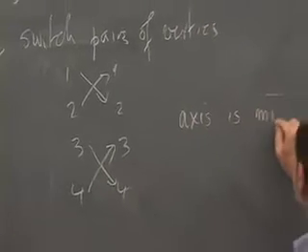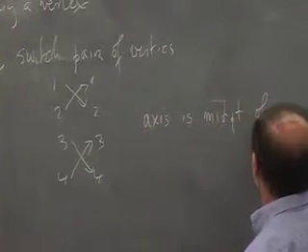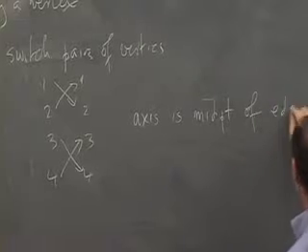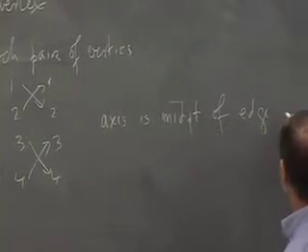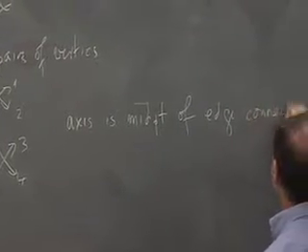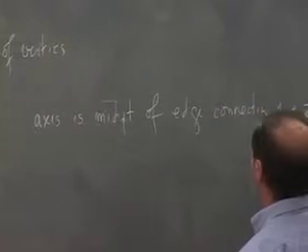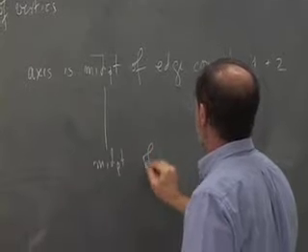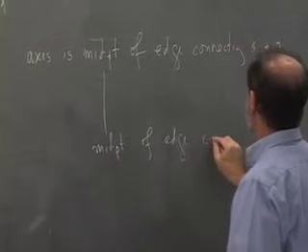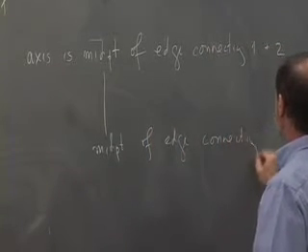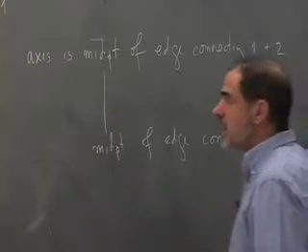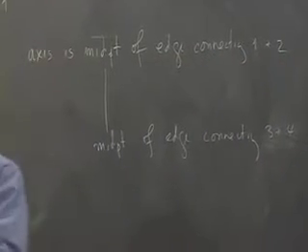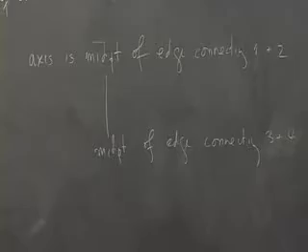And the axis goes through the midpoint of the edge connecting 1 and 2 to the midpoint of the edge connecting 3 and 4. And for any pairs of vertices, you can draw the axis through the midpoint of the opposite edges.